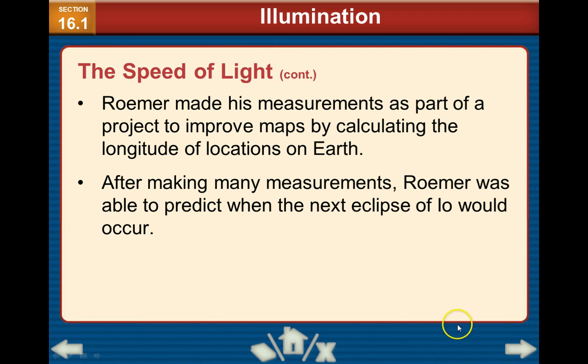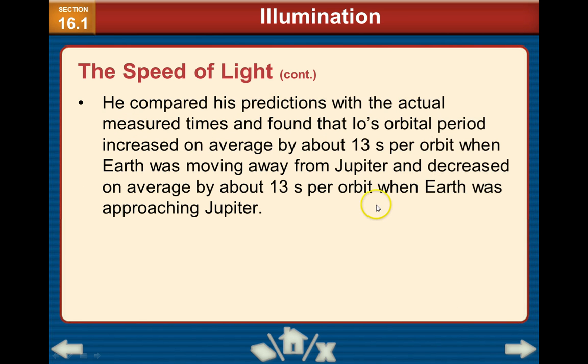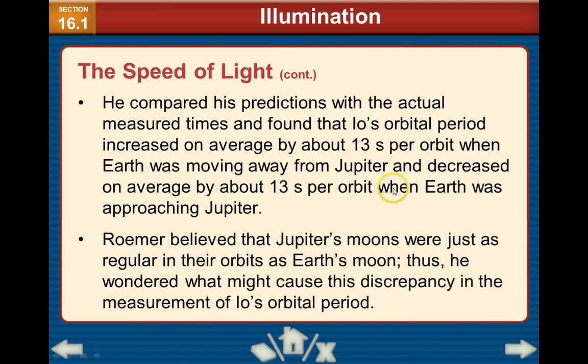So he came up with some predictions, and what he figured out was, again, as we're going away from Jupiter, it takes 13 seconds longer for Io to show up. When we're moving towards Jupiter, it's 13 seconds shorter, and he attributed this to the speed of light and our speed.